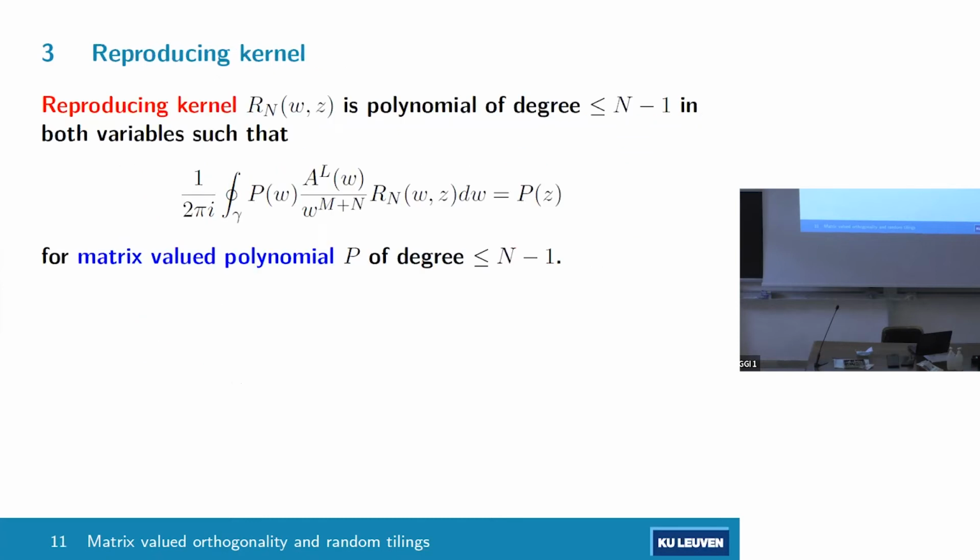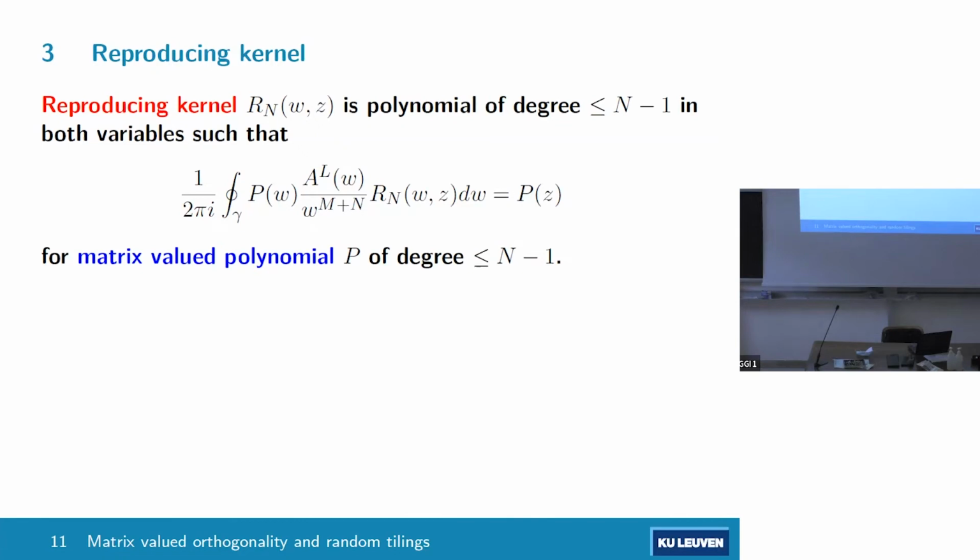So what is now the reproducing kernel? Well, it has this property. It's a function of two variables. It's polynomial in both variables of degree at most capital N-1 here. And it should reproduce polynomials with the weight here. Here, this is again our weight. So if I multiply a polynomial of degree N-1 or less, times the weight, and then times the reproducing kernel, and integrate over the gamma with a 2 pi i, I recover my polynomial.